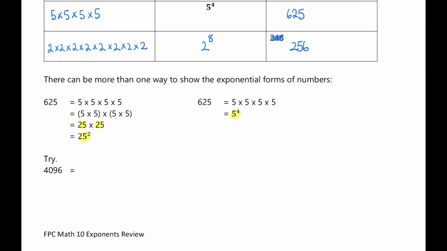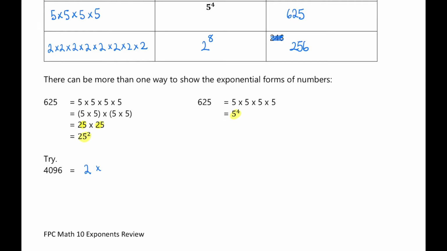It's an even number, so I would first divide 4,096 by 2. And we're going to do this until we have nothing else to divide. The reason why I chose 2 was because this value is even. So because I know it's even, it's divisible by 2. So I just divided by 2.